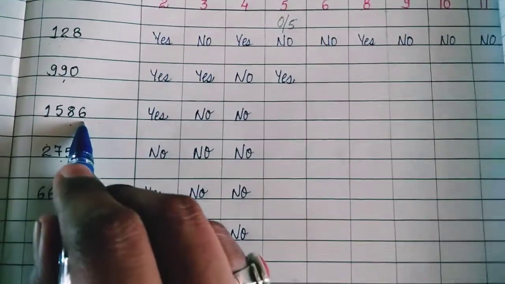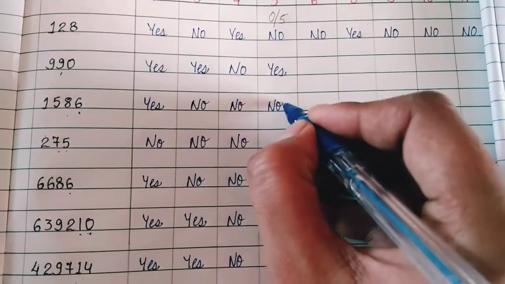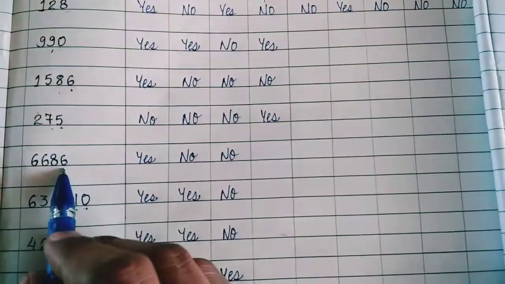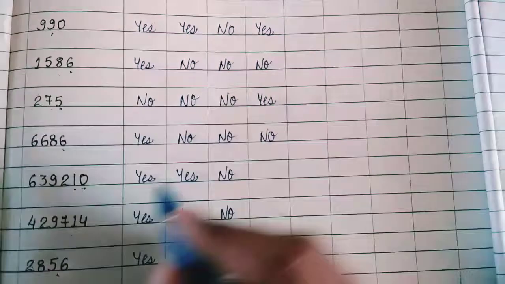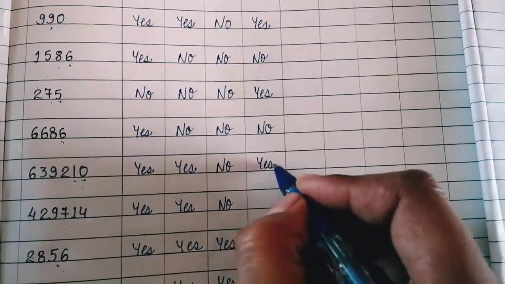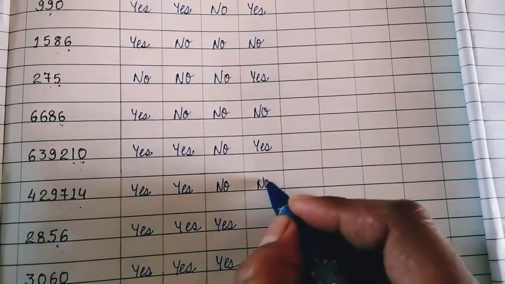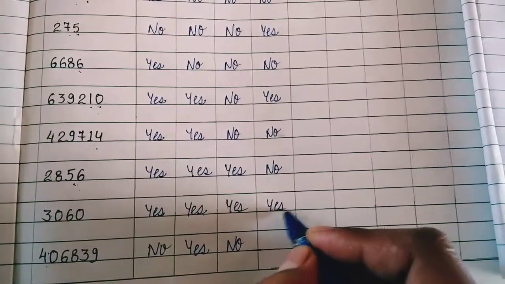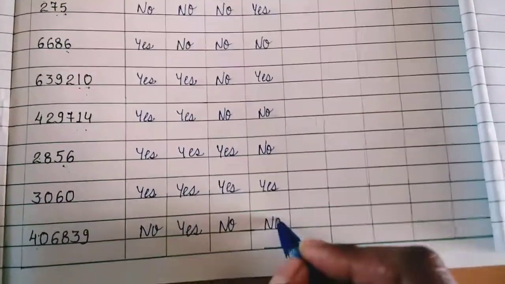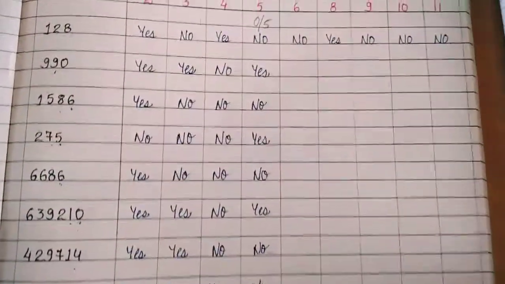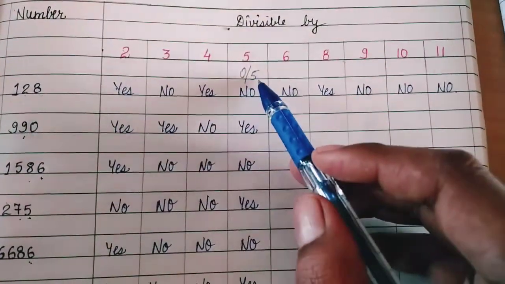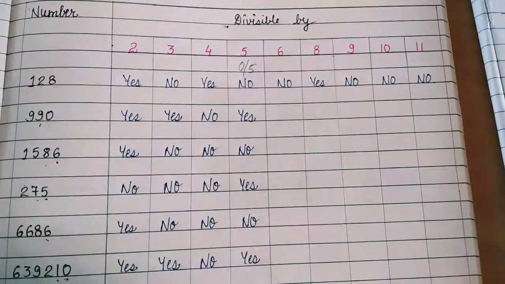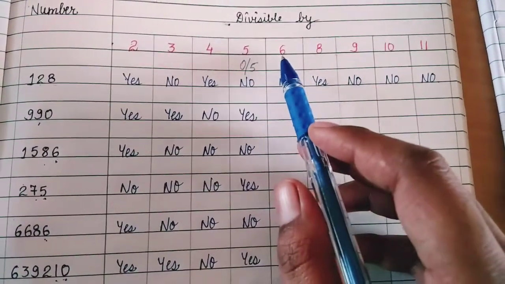Here the unit place is 6, no. Here we have 5, yes. 6, no. 0, yes. 4, no. 6, no. 0, yes. 9, no. Simply we see their unit places. If the unit place contains either 0 or 5, only then can the number be divisible by 5.